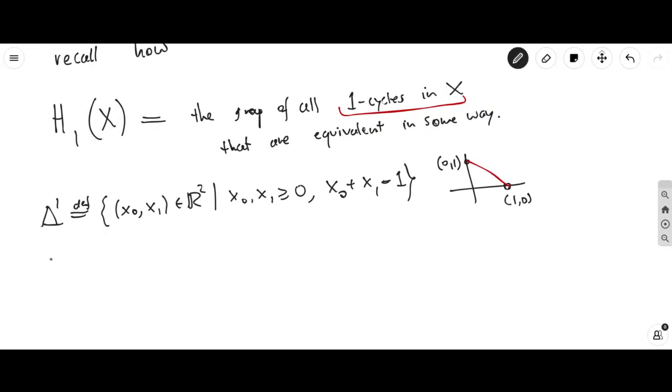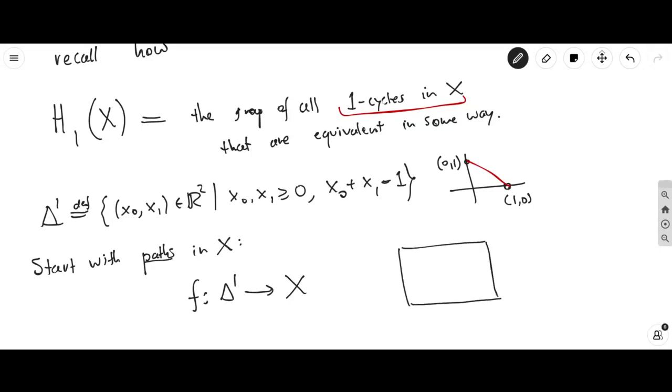And then we start with paths in X. Usually a path is from the interval from 0 to 1, but we use this homeomorphic space instead. So these will be mappings from the one-dimensional simplex into X. We do not assume that these mappings are homeomorphisms or anything like that.